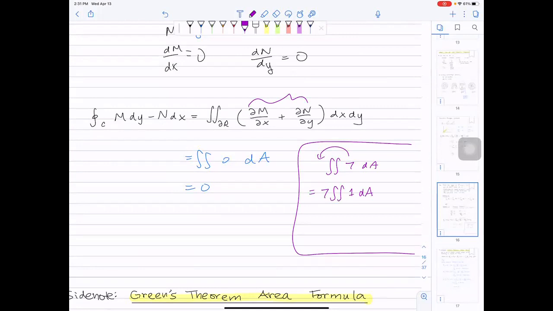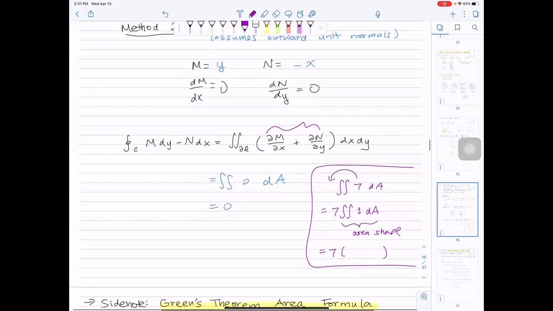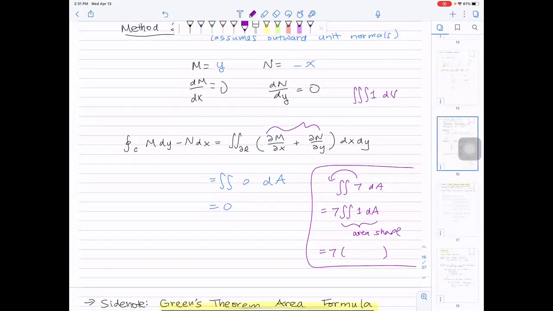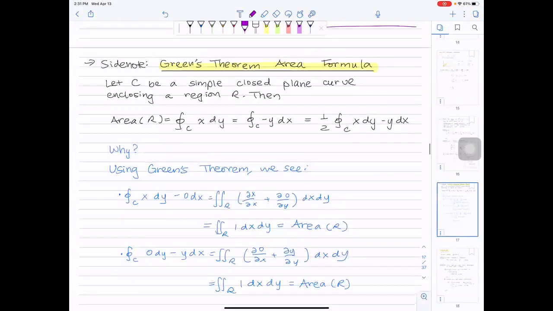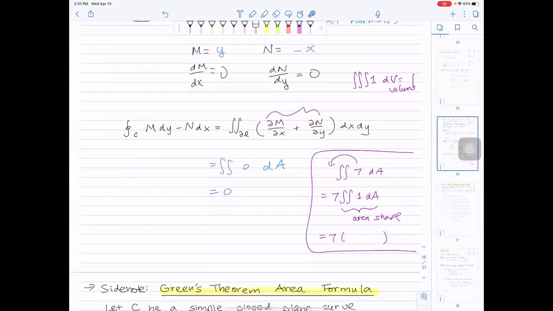And we learned a few weeks ago that the double integral of 1 dA by definition is the area of your shape, whatever shape. That's why he does 7 times the area of whatever circle. Just like the triple integral of 1 dV is the volume of your shape. So we know area and volume.